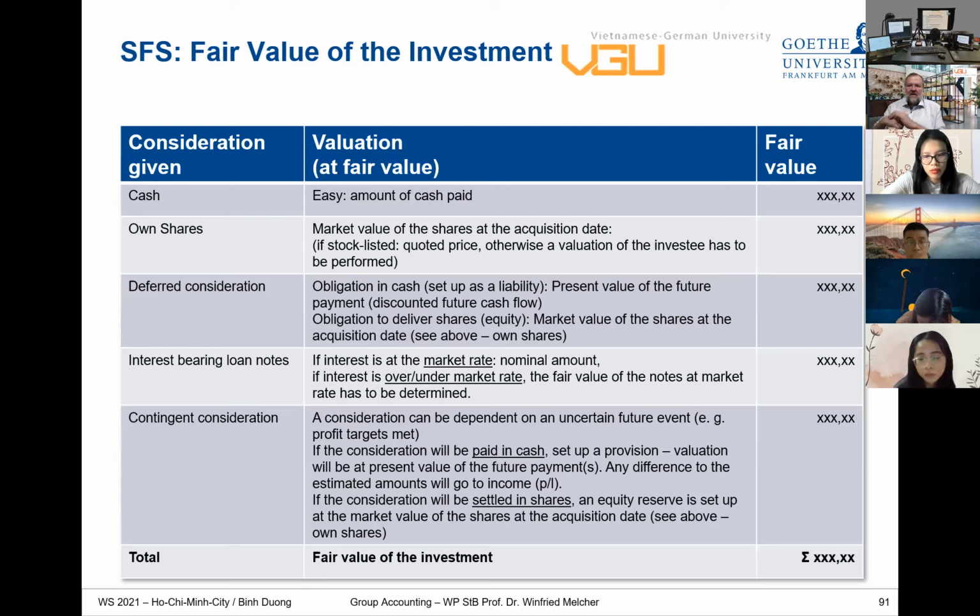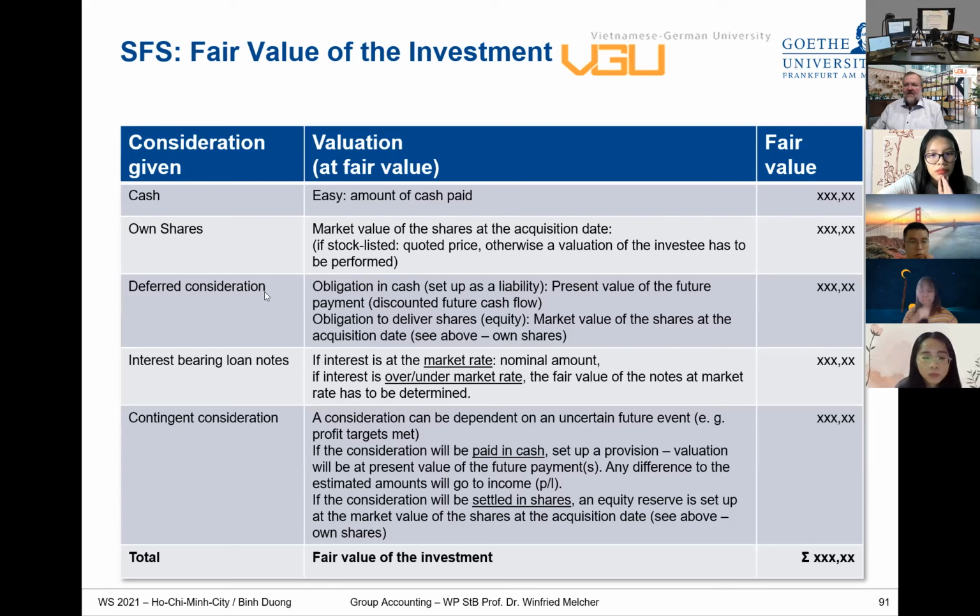If listed, it will be the market value, the quoted price. Otherwise, if there is no stock listing of your own shares, then the investee has to make a valuation, maybe using discounted cash flows. But in principle it should be the fair value of those shares.